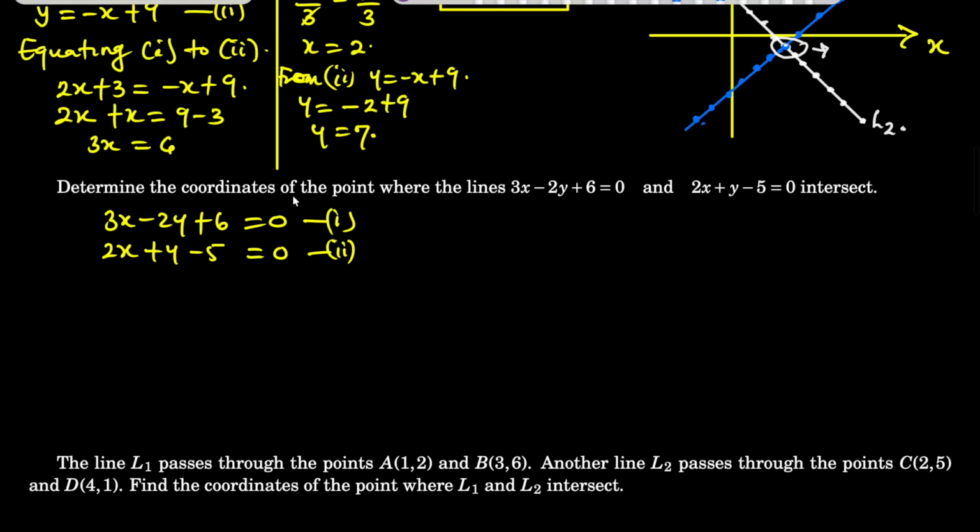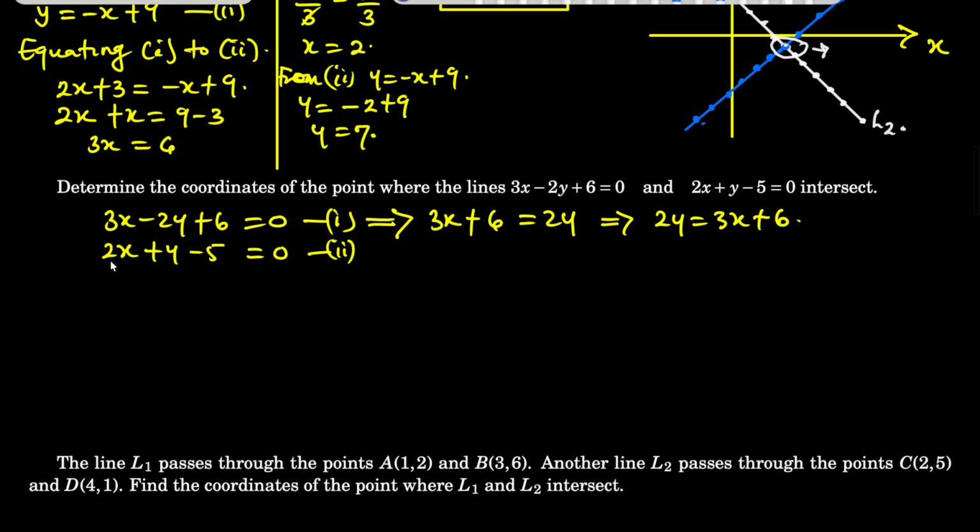So first, if I rewrite equation 1, I can have it written as 3x plus 6 is equal to 2y, which is the same as 2y is equal to 3x plus 6.